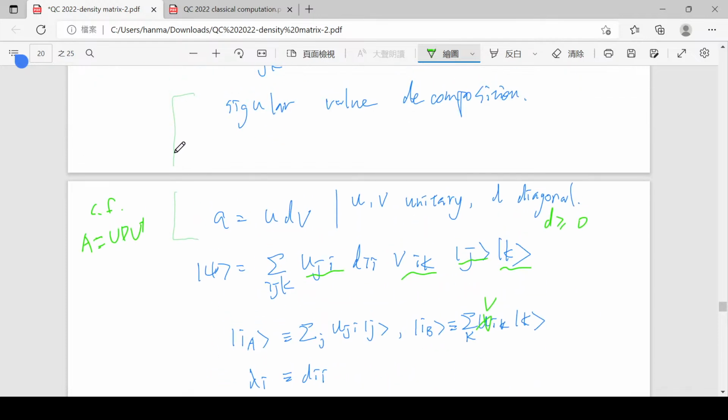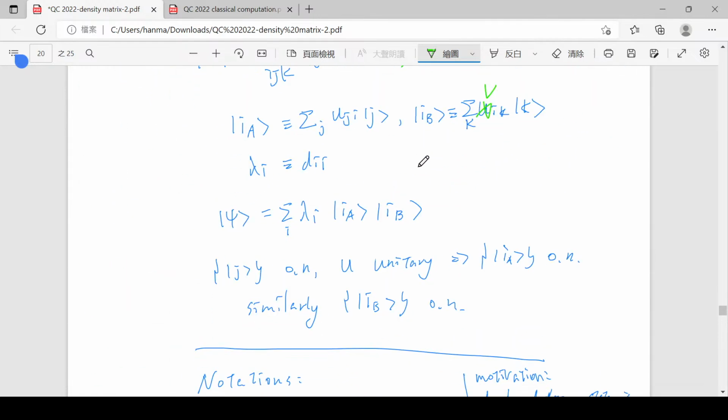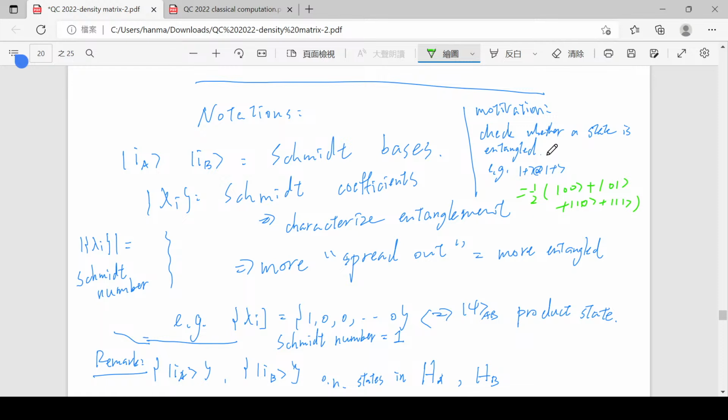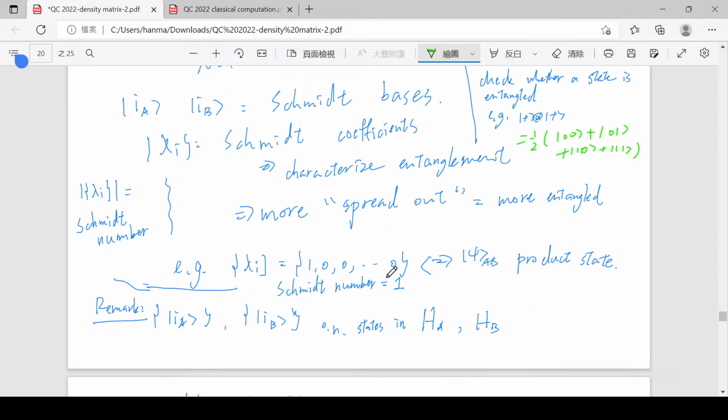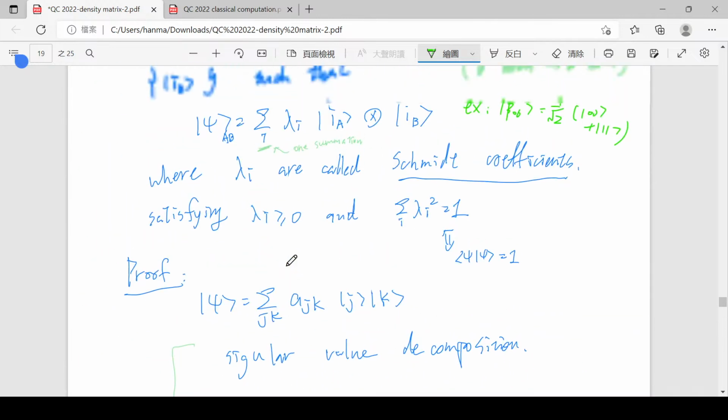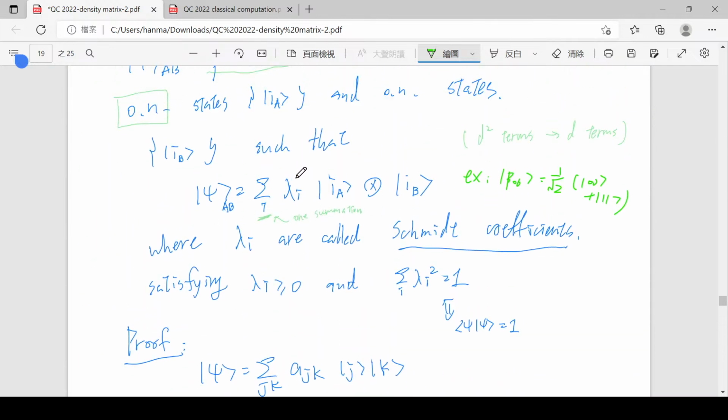But if you write things in Schmidt decomposition, then it's very easy to see whether things are entangled, because any product state will have its Schmidt coefficients being 1, 0, 0, 0. Okay, so a non-entangled state is just 1 and something tensor something.